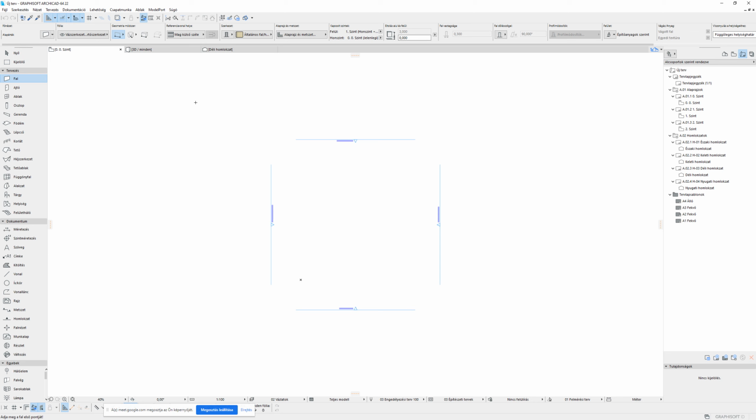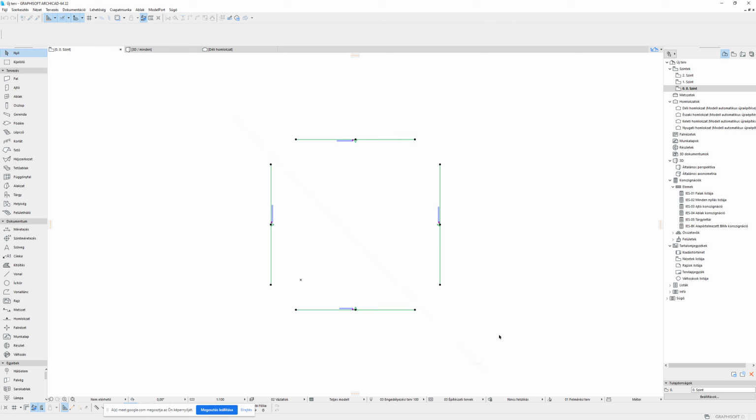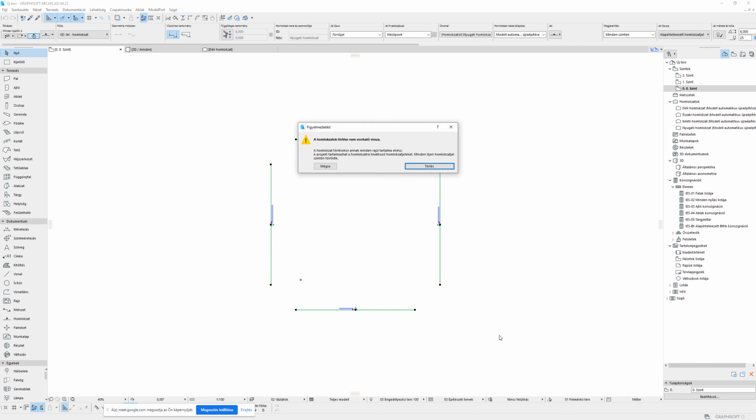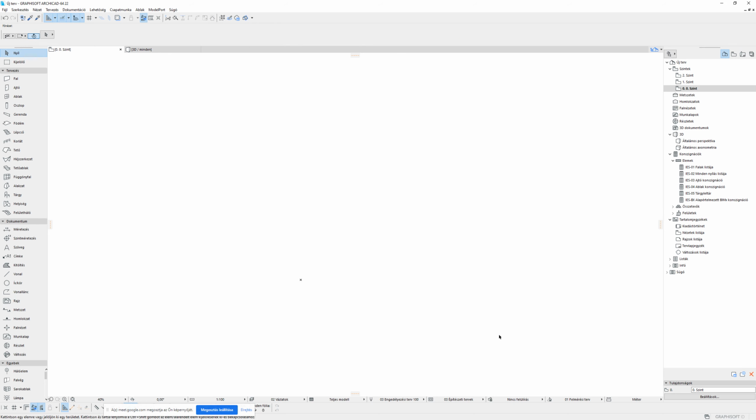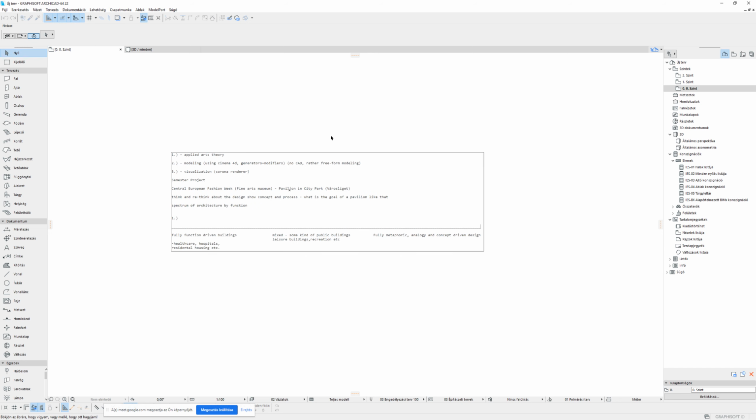But what I am thinking of is the monuments, for example. Like statues, huge statues, Second World War monuments, Holocaust monuments, war monuments.